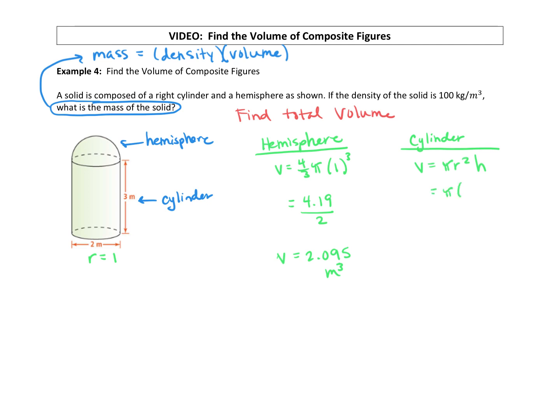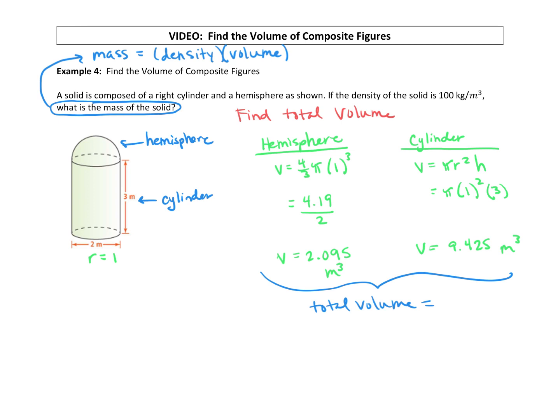So pi times our radius, 1 squared, times now the height, this 3 meters right here. So they did give us the height of the cylinder. We calculate that out and we get the volume of the cylinder to be 9.425 meters cubed.